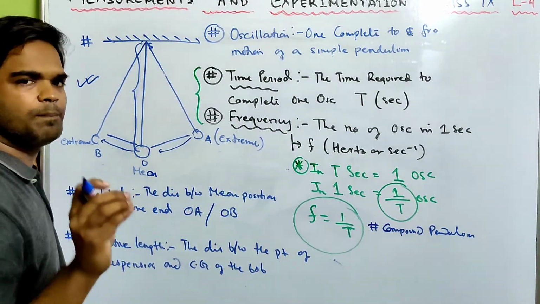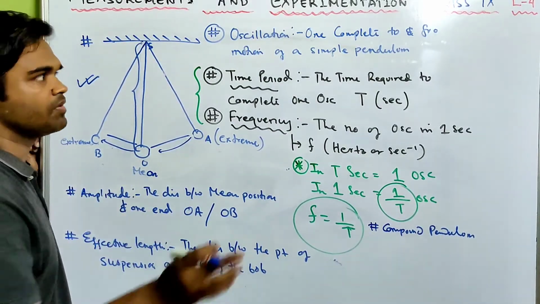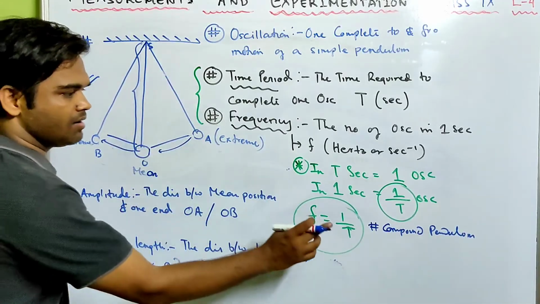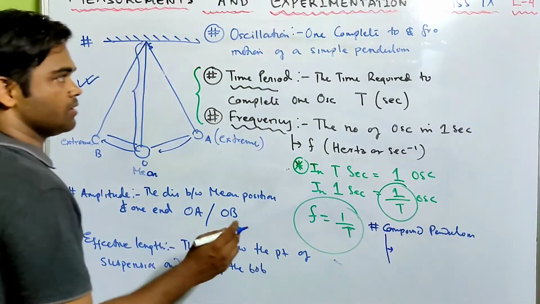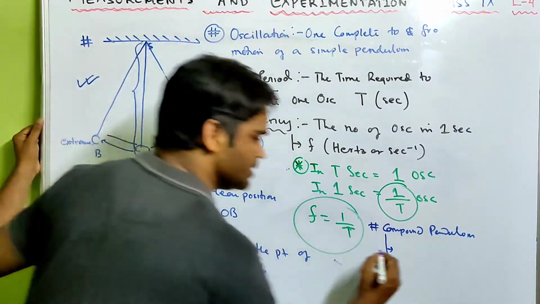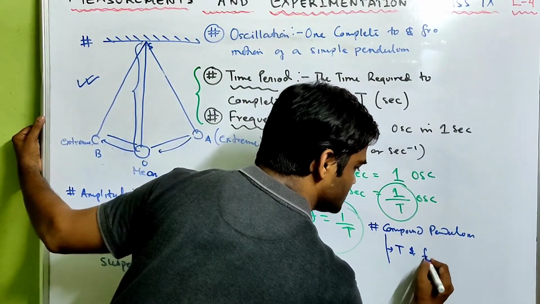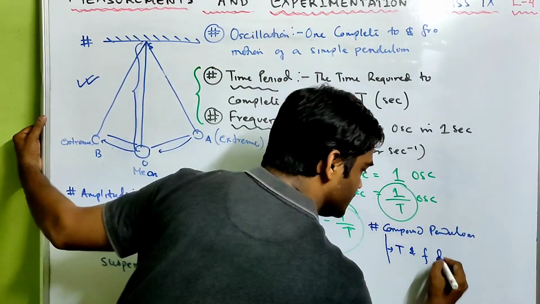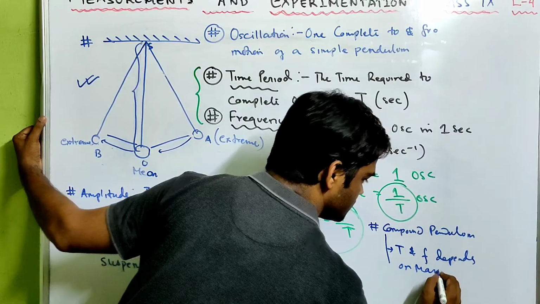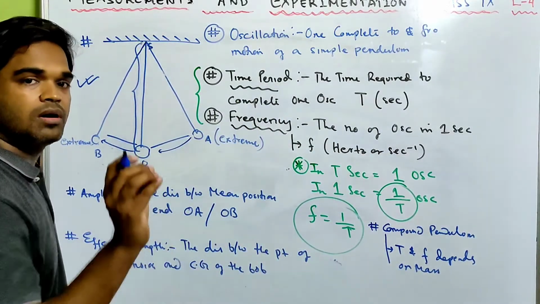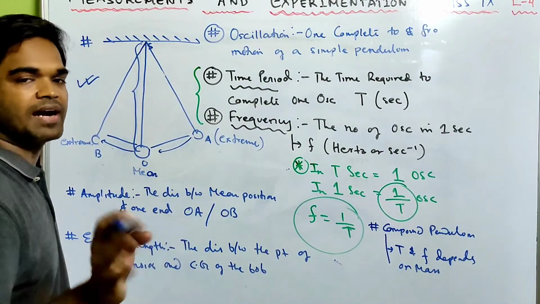Now, since you are in class 9, I'll give you a basic and very easy difference between a simple pendulum and a compound pendulum. In a compound pendulum, the time period and frequency depend on mass and other factors.